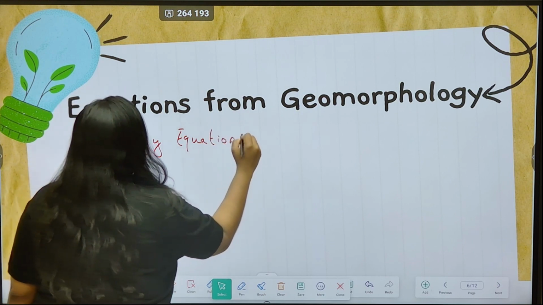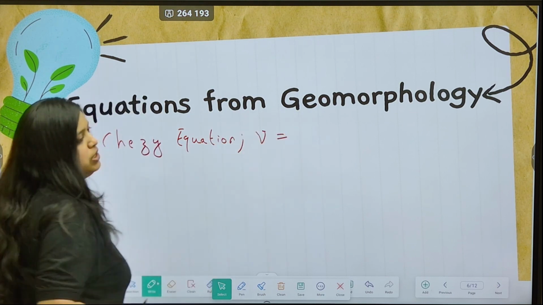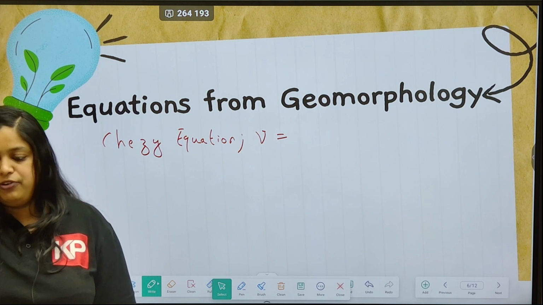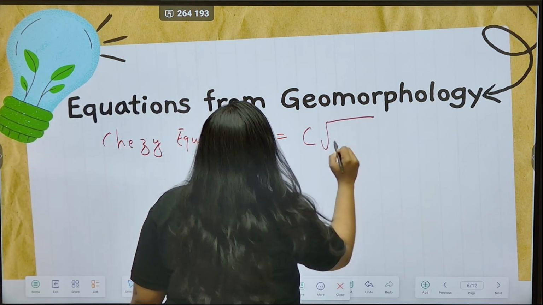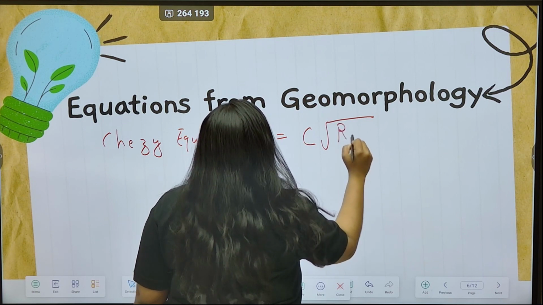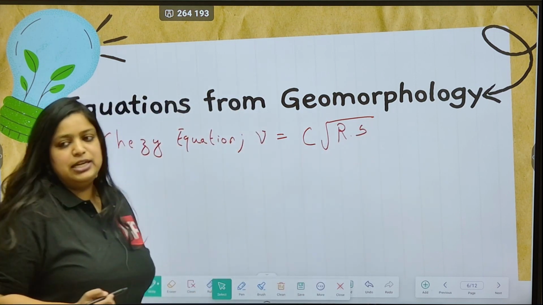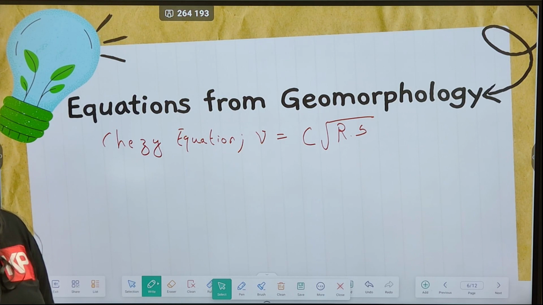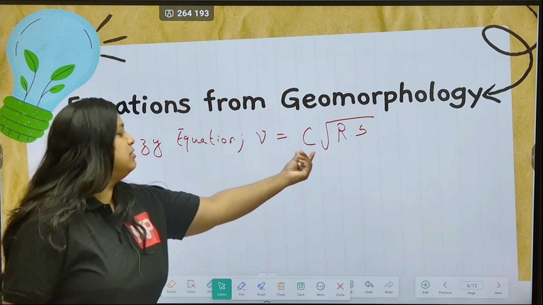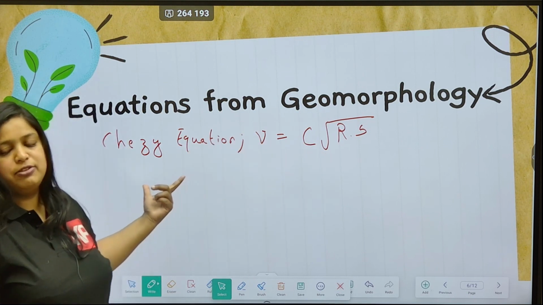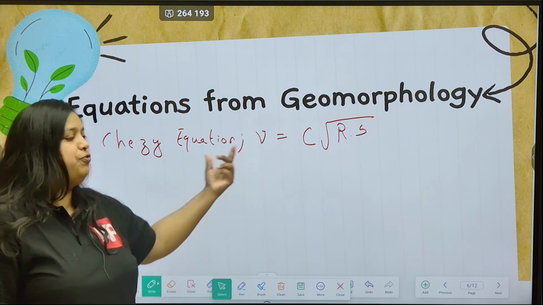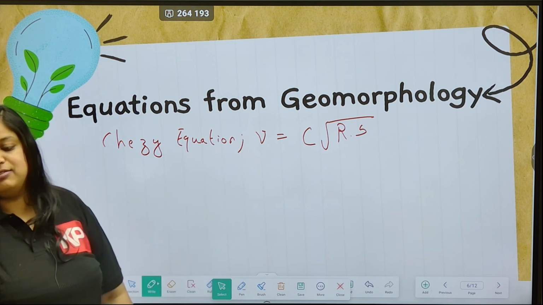According to Chezy's equation, mean flow velocity V is equal to Chezy's coefficient C multiplied by the square root of hydraulic radius R times channel gradient S. So hydraulic radius R into channel gradient S, with Chezy's coefficient C, gives the mean flow velocity V according to Chezy's equation.